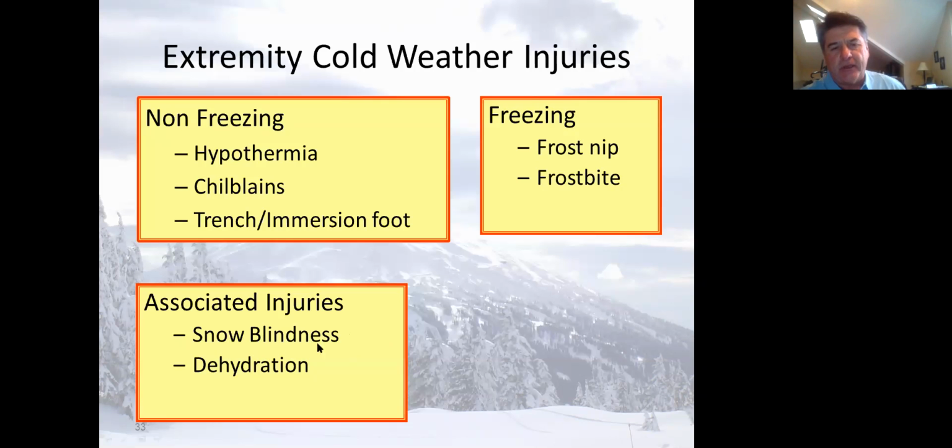It's a burning of the retina. It's very difficult. That's why people need to wear sunglasses when they're outside. And dehydration, again, we talked about the respiratory loss and intense loss of fluids by increasing our respiration, so we can get dehydrated.